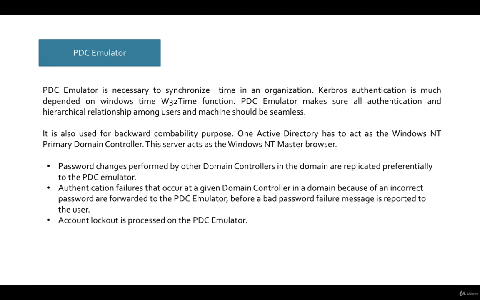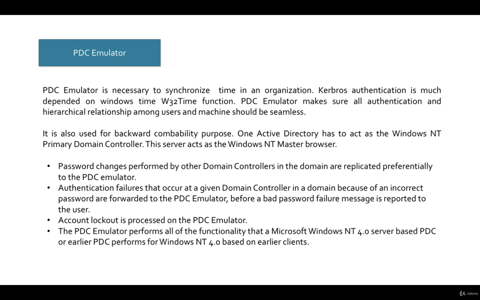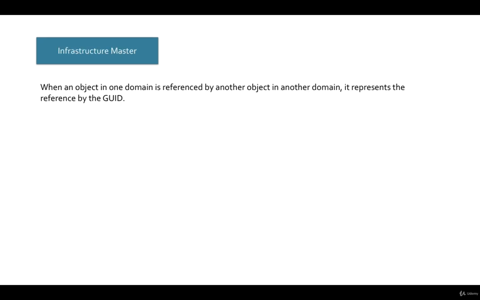Account lockout is processed on the PDC emulator. The PDC emulator performs all the functionality that a Microsoft Windows NT 4.0 server-based PDC or earlier PDC performs for Windows NT 4 based or earlier clients.